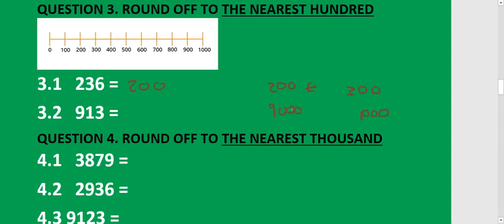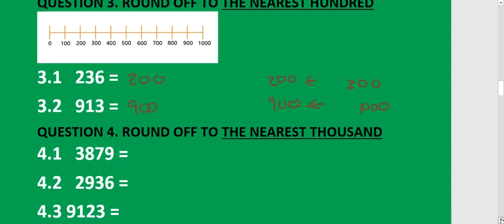Remember, we're using multiples of 100, and it's closer to 900. So it's between 900 and 1000. 913 is between 900 and 1000, and it's closer to 900, so we round it off to 900. I think we can all see how this goes.